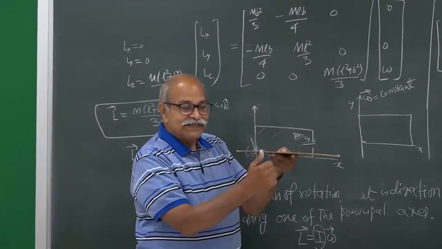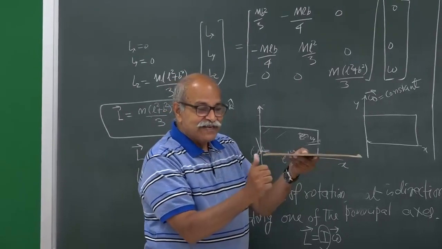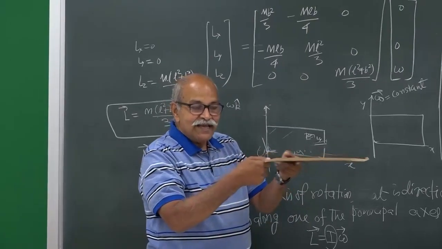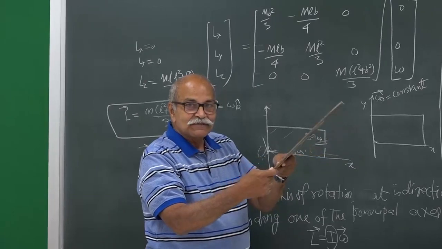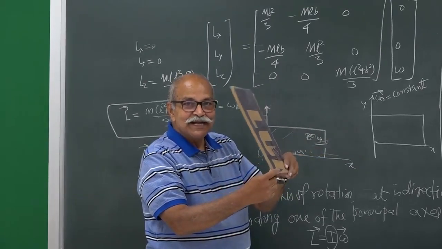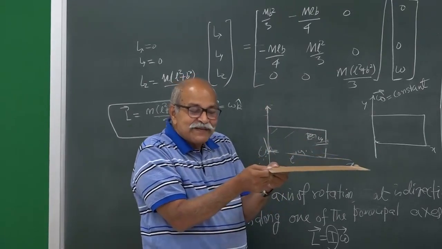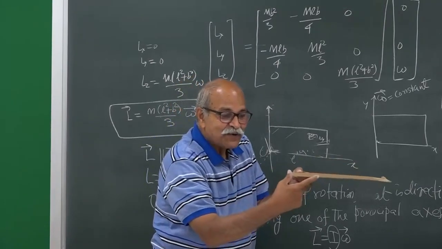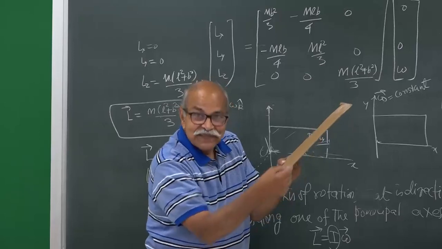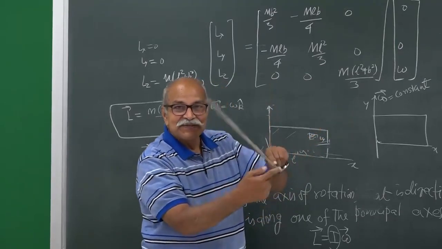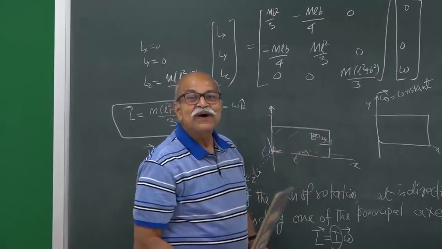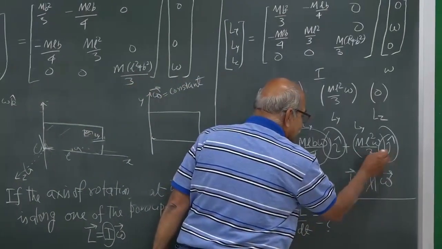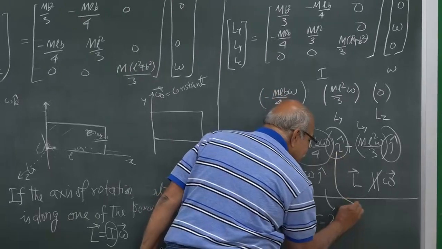This i cap is in this direction along the length and j cap is in this direction along the width, and as this rotates, this j cap does not change, but i cap changes. This is i cap now, and this is i cap now, and this is i cap now. So as it rotates about the y axis, this j cap remains constant, but this i cap changes.